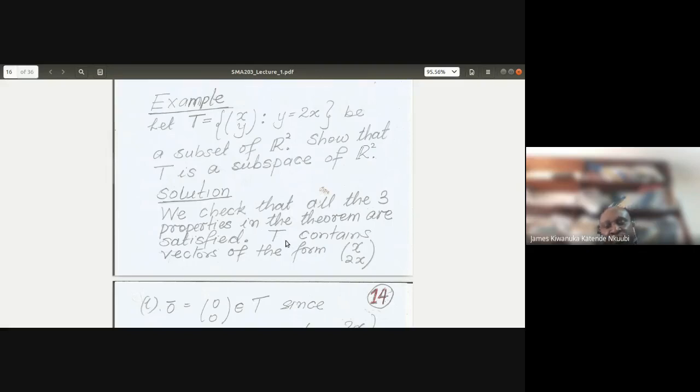We shall just follow the strategy and check that all three properties are satisfied. We'll also observe that T contains vectors of the form (x, 2x). This is because this description tells us that the y coordinate will always be twice the x coordinate. So any vector in T will take this form.